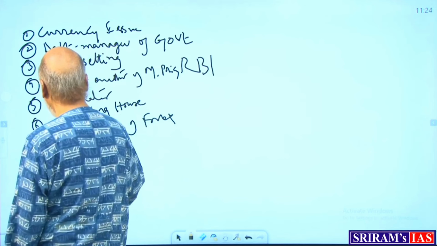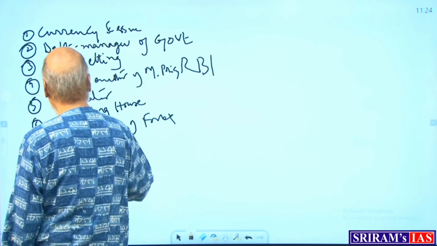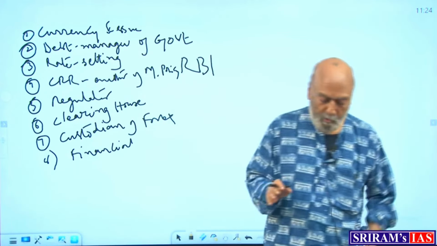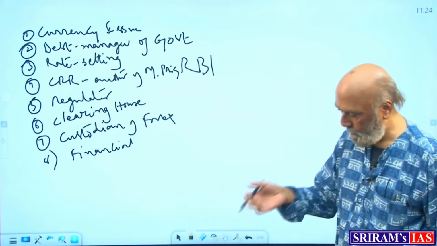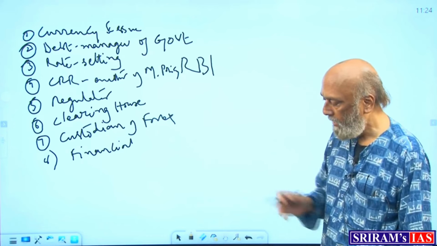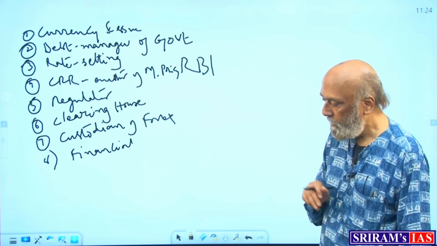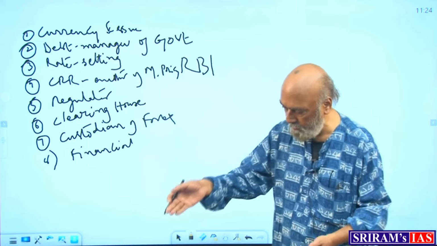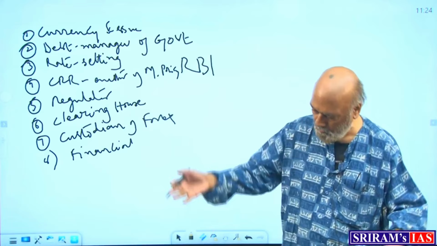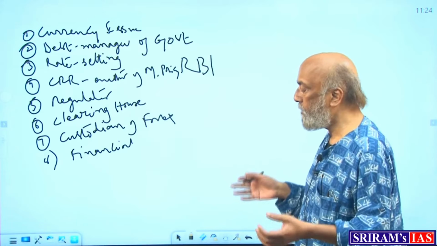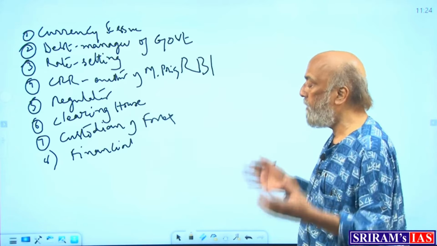financial inclusion, which means extending formal banking operations to all so that they can open an account. They have access to loan, micro insurance. They can deposit their money so that that money can be used for the good of them and for the rest of society. So financial inclusion, Jan Dhan.